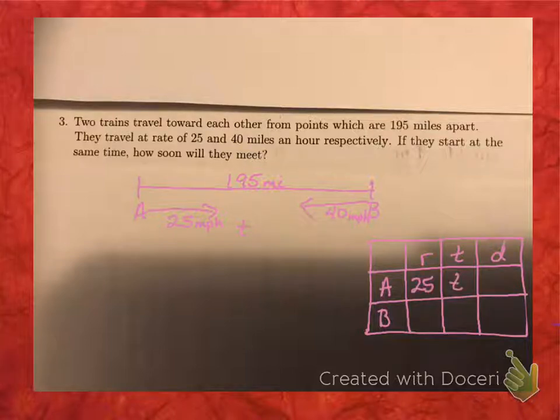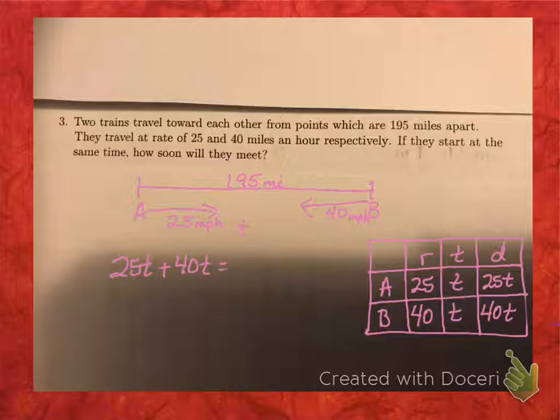We've got 25 times T gives me 25T. 40 times T gives me 40T. Let's add those together. 25T plus 40T is equal to 195 miles.